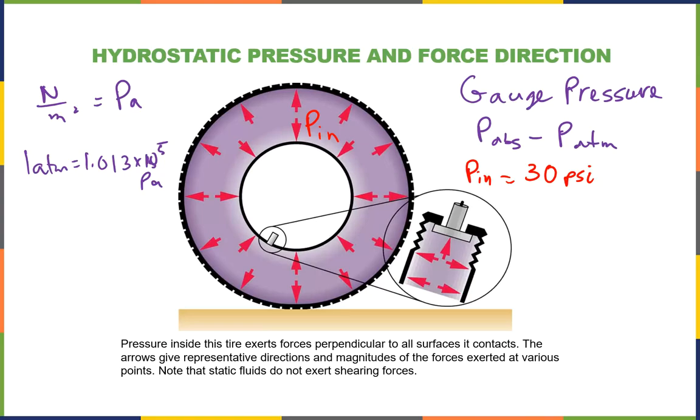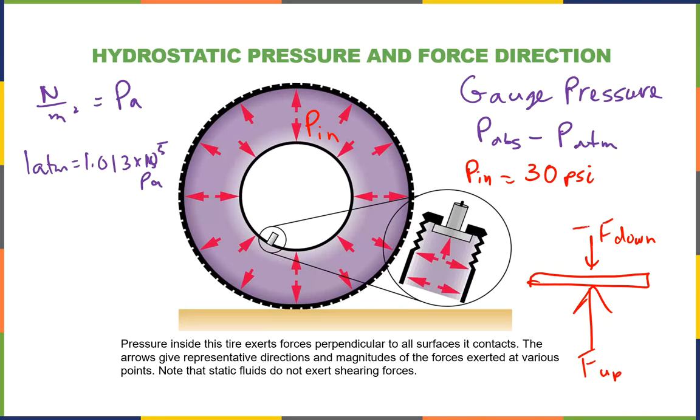Okay, now staying with this, one of your homework problems has to do exactly with this. What keeps that tire up? Well, we know that we need a net upward force. Let's say each tire is supporting 500 pounds, just to make life easy. If I look at the piece of tire that's in contact with the ground, I have a force up from underneath and a force down from on top.